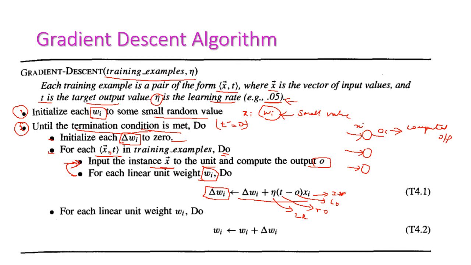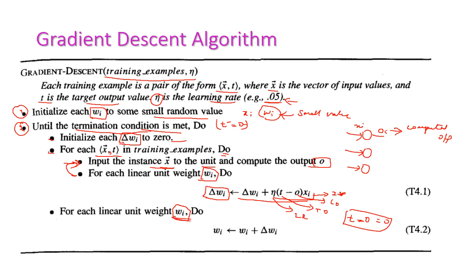After that we have to adjust the weight. When do we adjust the weight? If there is a difference between these two things, that is, t minus O is not 0. If t and O are not equal, then we have to adjust the weight of the entire network.